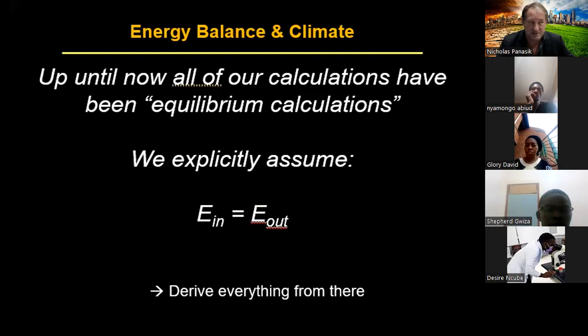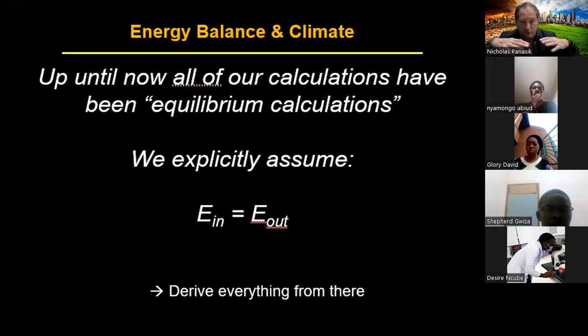This is what happens right after you take the turkey out of the freezer. For all the calculations you're doing in your flip grid for planet Krypton, we're explicitly assuming that it's reached equilibrium. In other words, energy into the planet has to equal energy out of the planet.